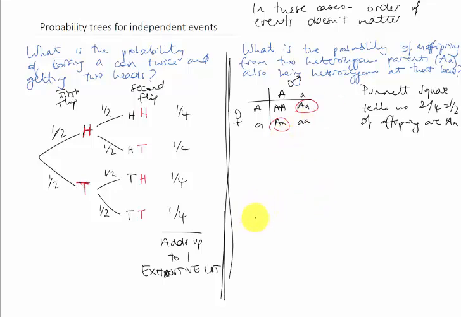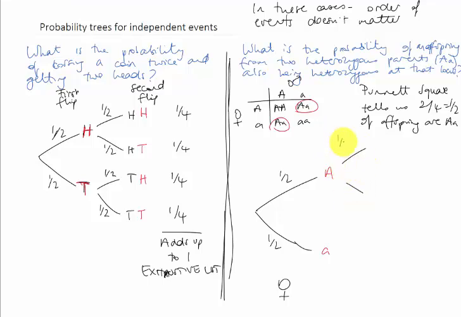We can do the same thing using this diagram. So first of all, let's look at the maternal. So it doesn't matter which order they come, I just happen to do it like this. So half the time we'll get a big A, half the time a little a.